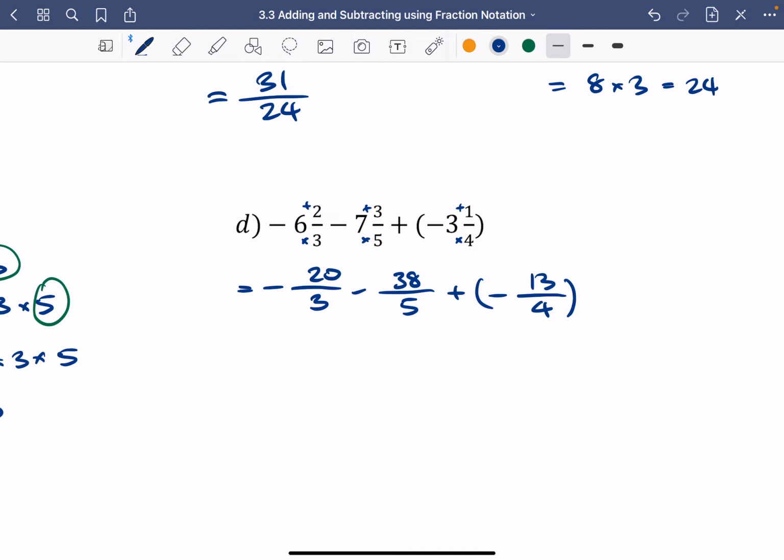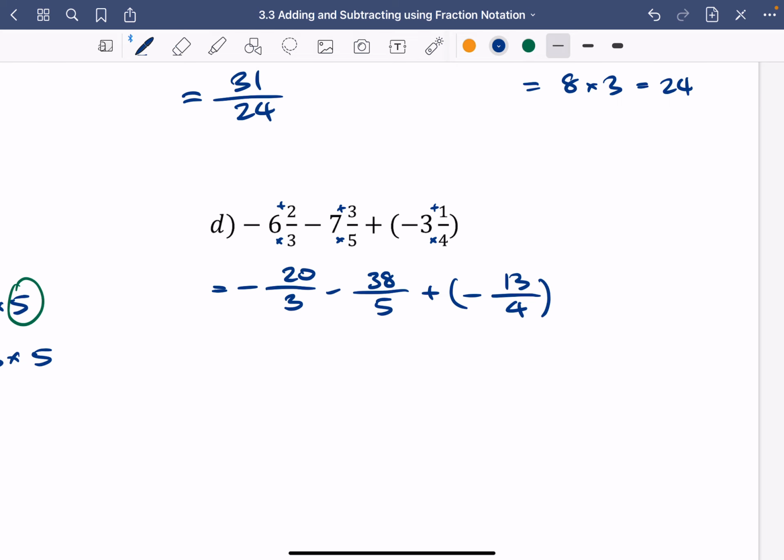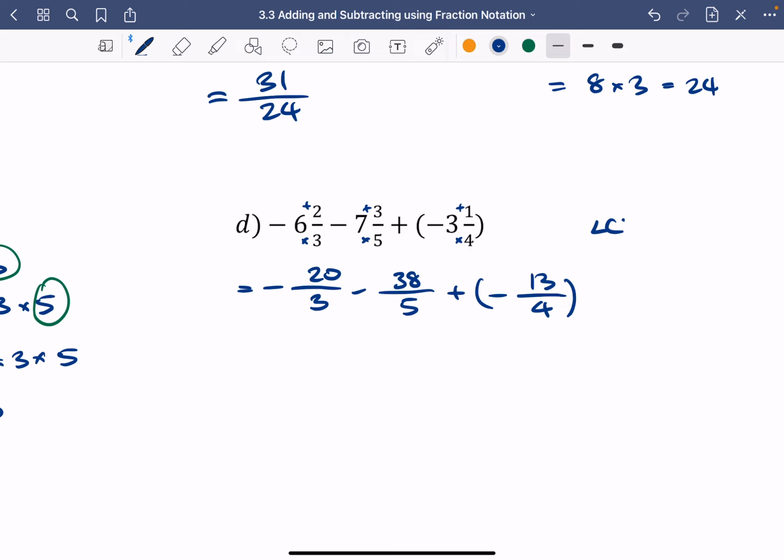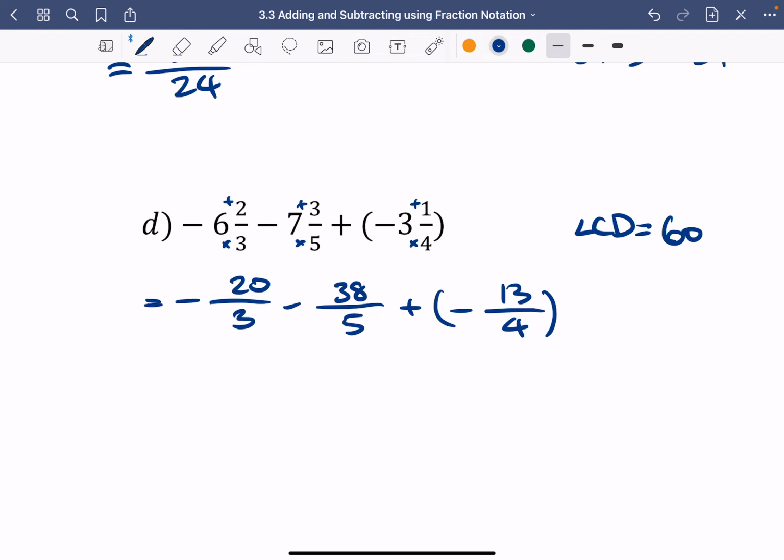And now 3, 4, and 5. These three have a common multiple of 60. You guys can do your factor tree to find the lowest common denominator, but I know it's 60, so I'm just gonna save some time here. I'll change all of them to 60s.